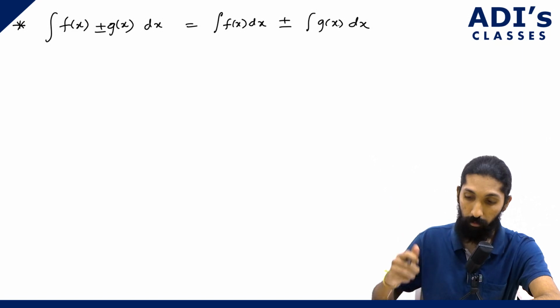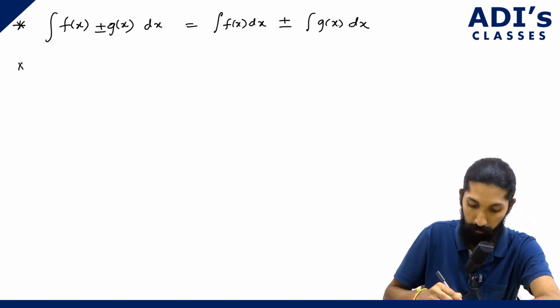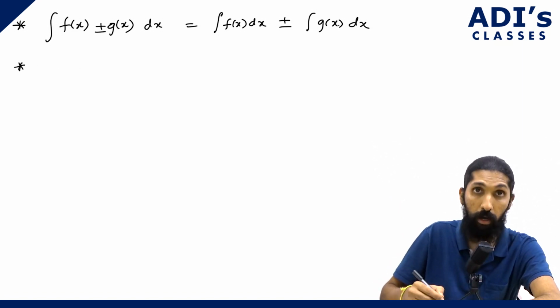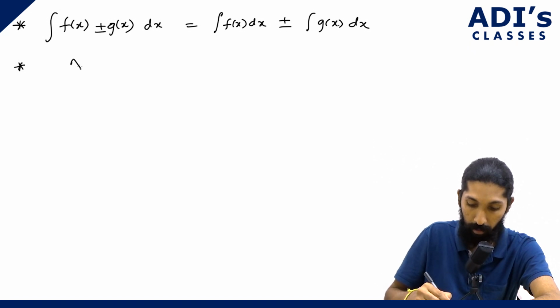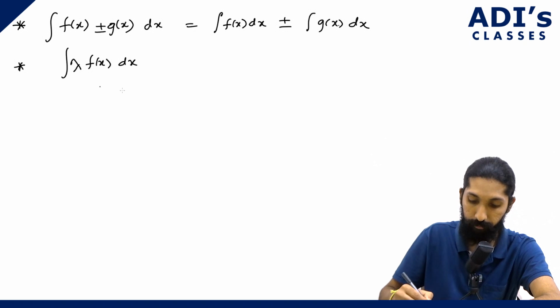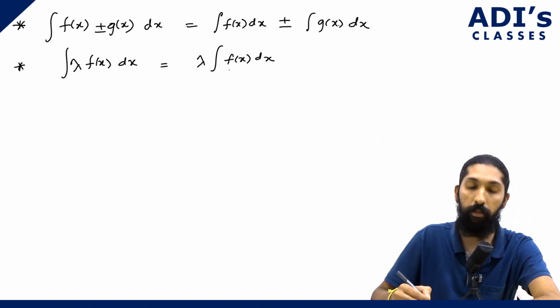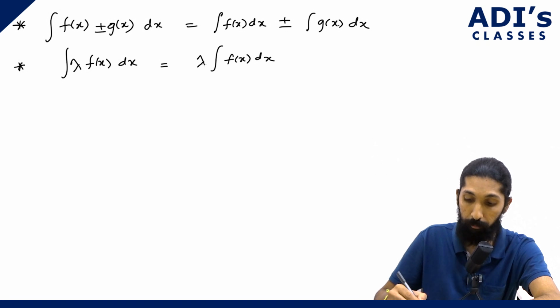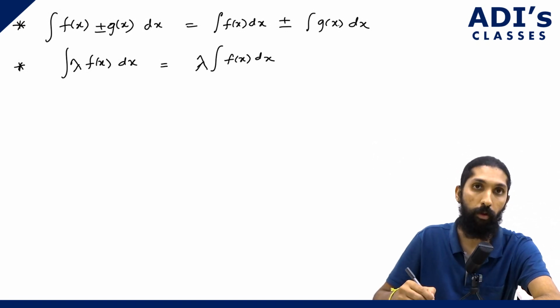Fine. Now after this, suppose you have, let's say, a constant lambda times f of x dx, you can keep the lambda outside the integral. Fine. So this is another very important factor you have to know.